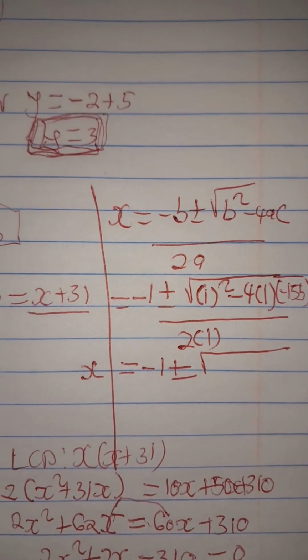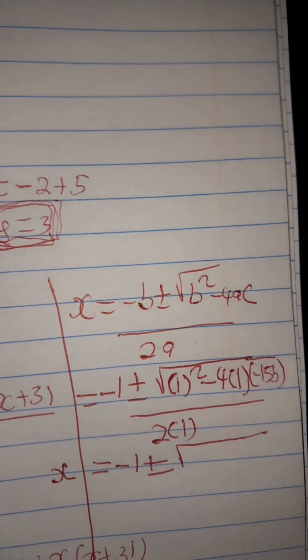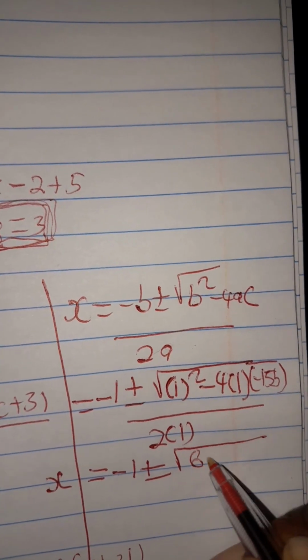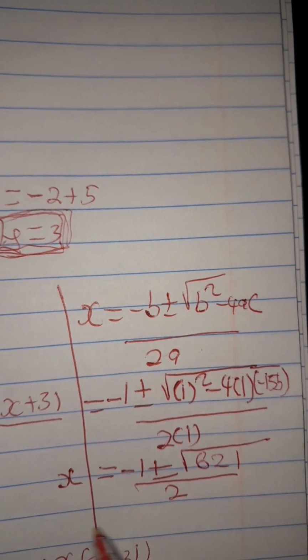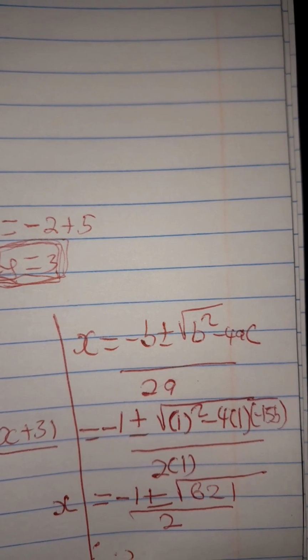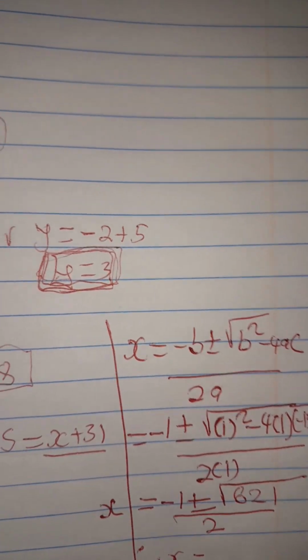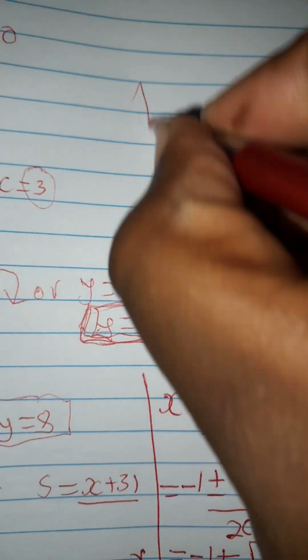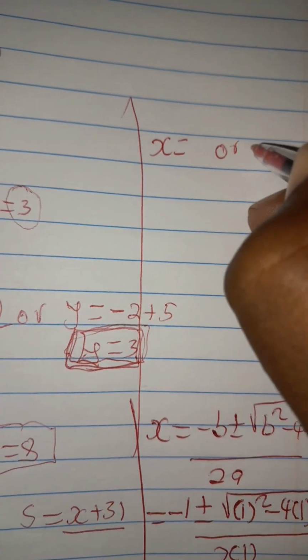Yes, it's 621, just as we have stated. 2 times 1, that's going to be 2. So this is what we are going to have. Therefore, x is equal to, let me just write the solution here.